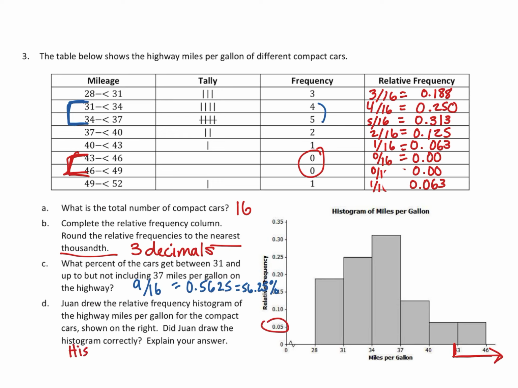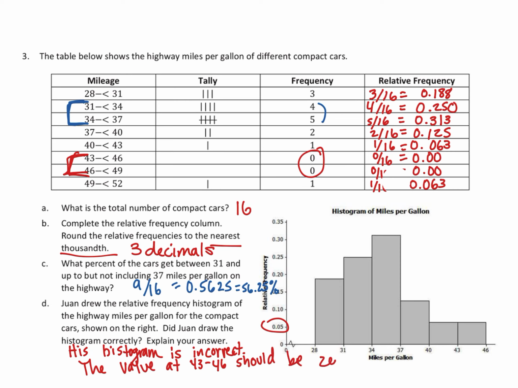So his histogram is incorrect. The value at 43 to 46 should be 0.